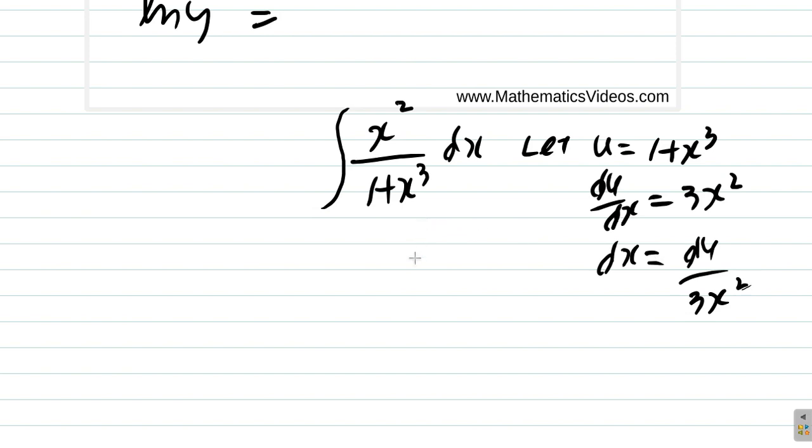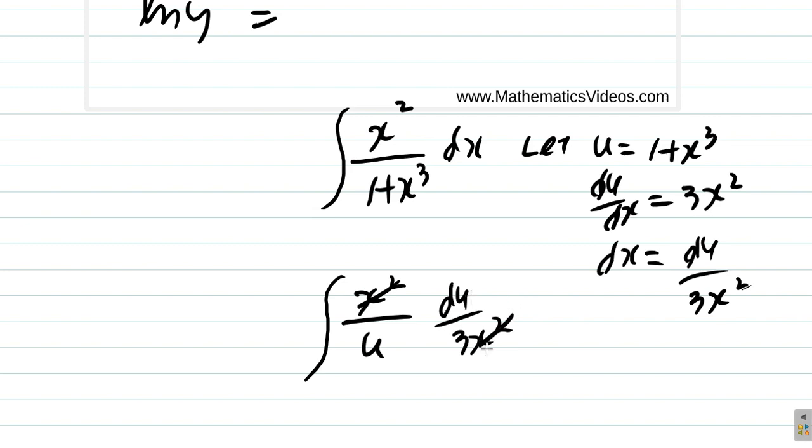So we have the integral of x squared divided by u dx, which is du over 3x squared. So x squared cancels x squared. Now we can bring the 1/3 in front of the integral sign.